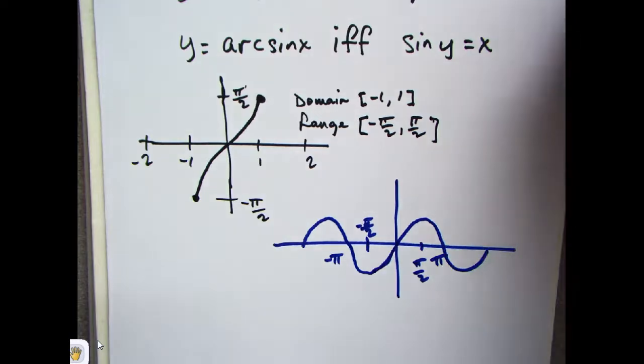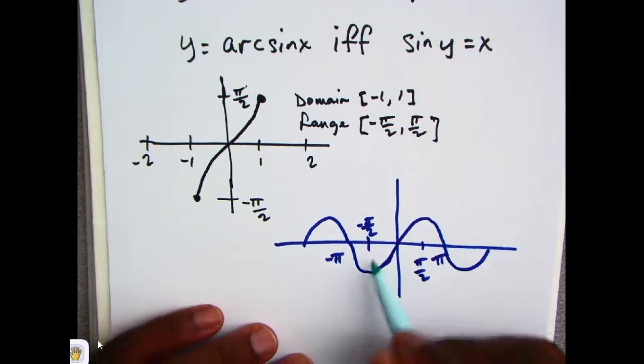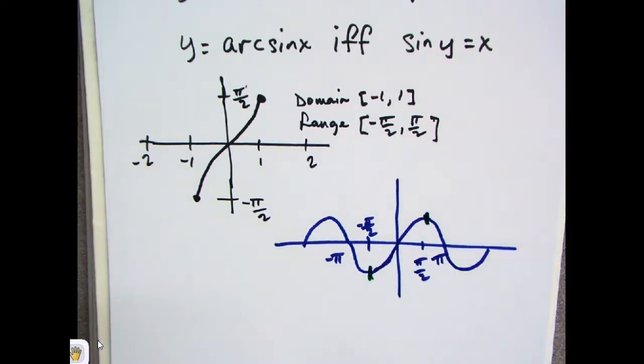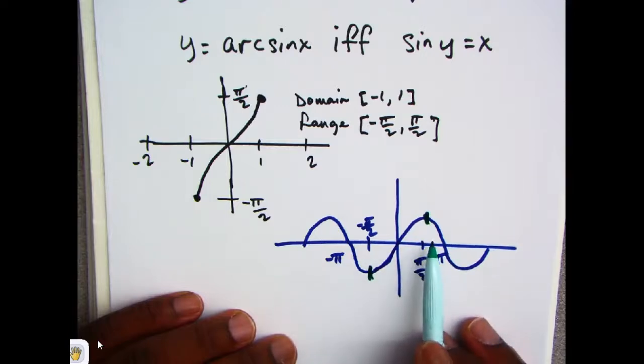Now, in Algebra 2, you learned something about the horizontal line test. If you draw a horizontal line through a graph and it intersects the graph in more than one place, then the inverse does not exist. So the reason we limit the inverse sine to -pi over 2 to pi over 2 is because once you go outside of that, you're not going to pass the horizontal line test.